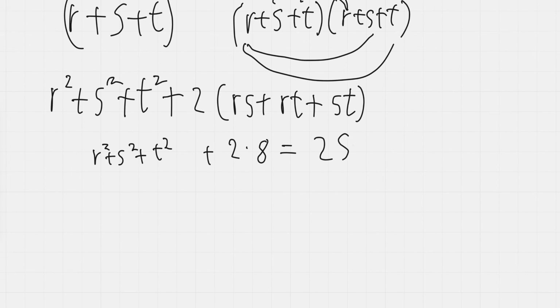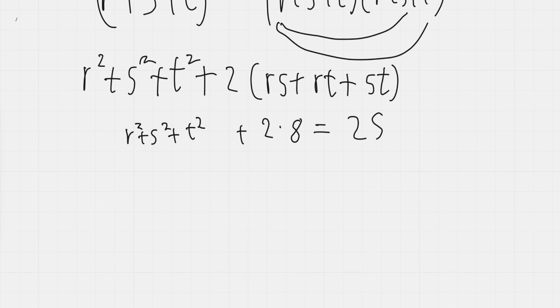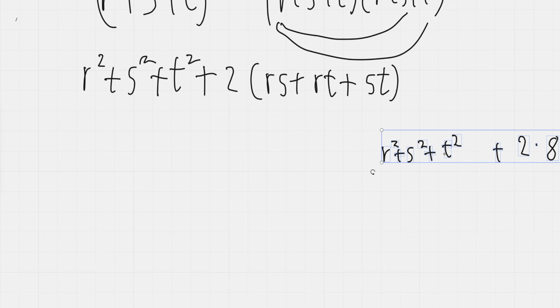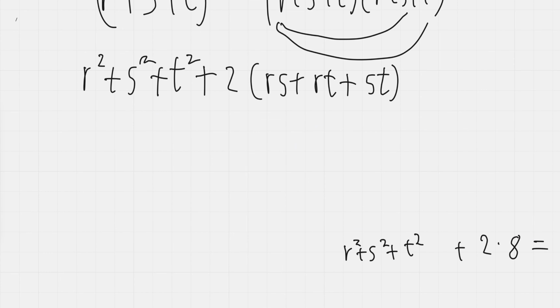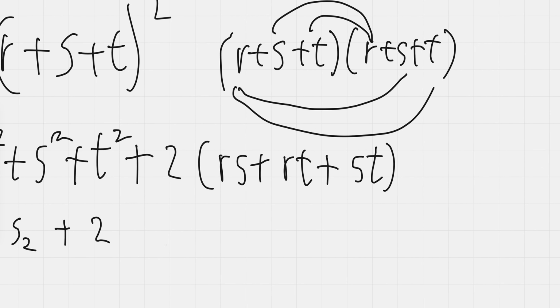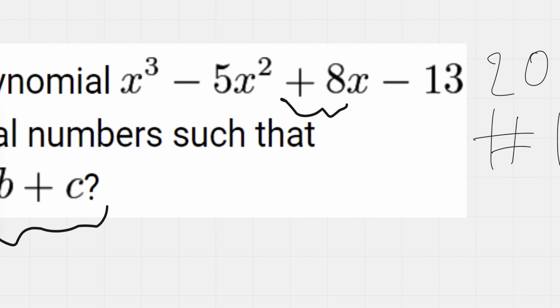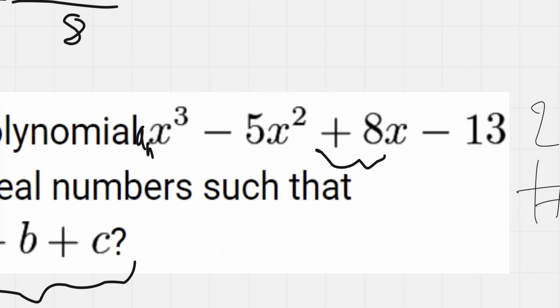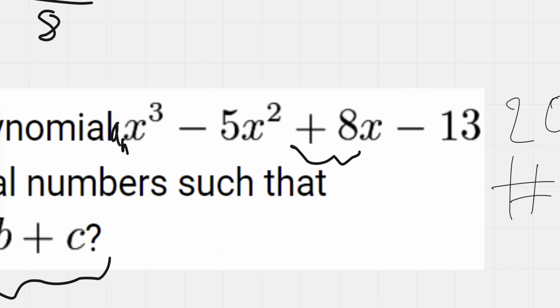Alright, maybe we can write this in terms of the coefficients a bit more abstractly. So, we already know that this is S sub 2, and we have 2 times, well, what is this exactly? You have the leading coefficient, which we'll say is a sub n.